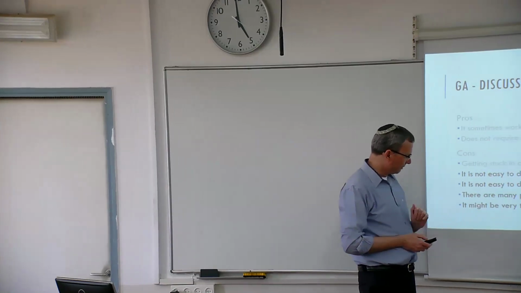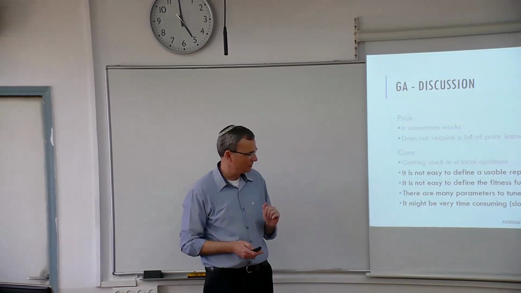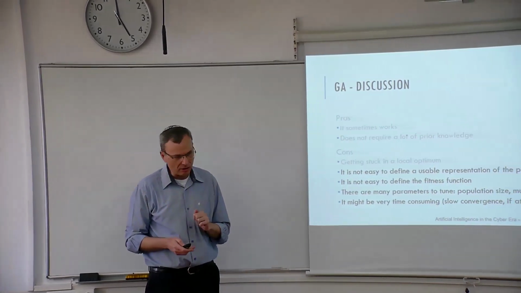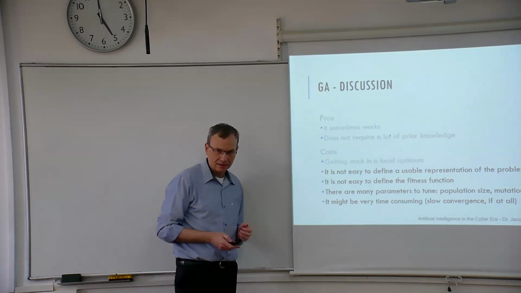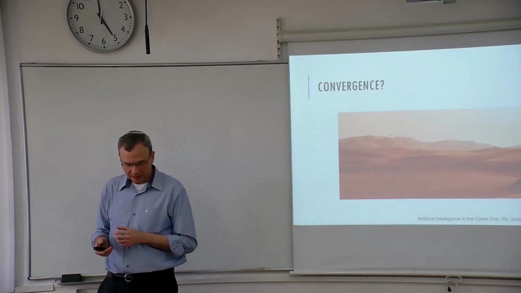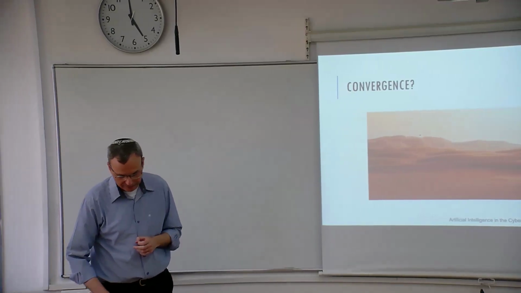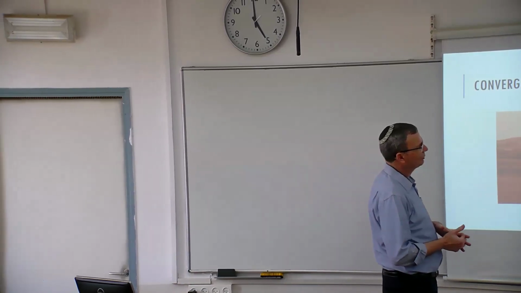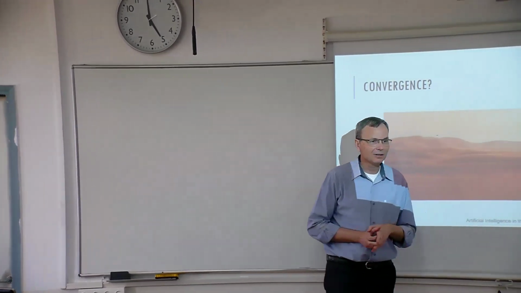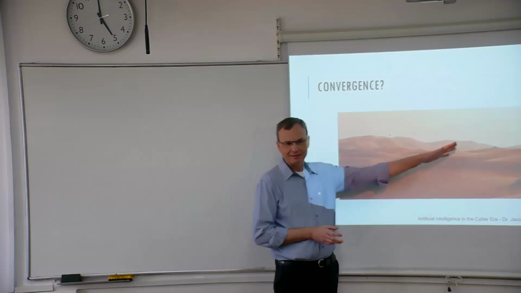Also, it may be very, very time consuming, and this is called in the mathematical world slow convergence, if at all. I cannot go into mathematical details to explain this, so I'll try to illustrate it. Let's think of this as the Sahara Desert.